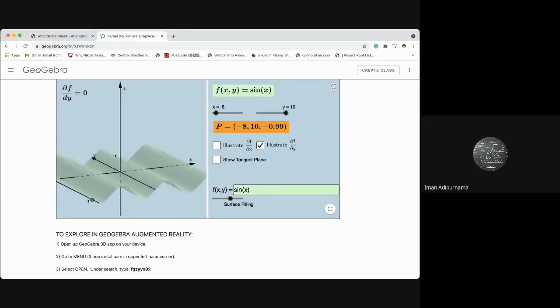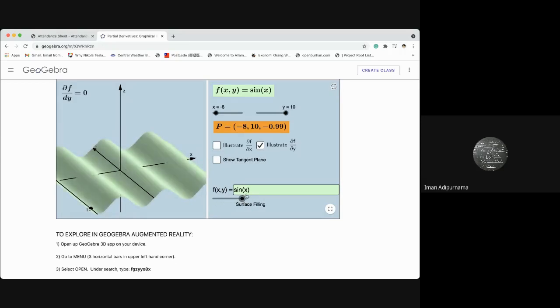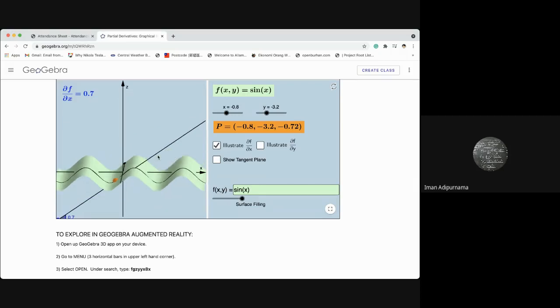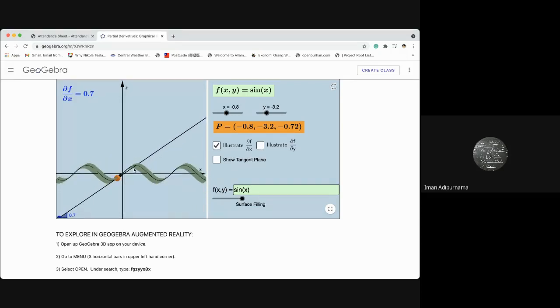So we have two kinds of partial, partial of x and partial of y. If we change the x and maybe change the y, and let's say we illustrate the partial of x. This is partial of x.